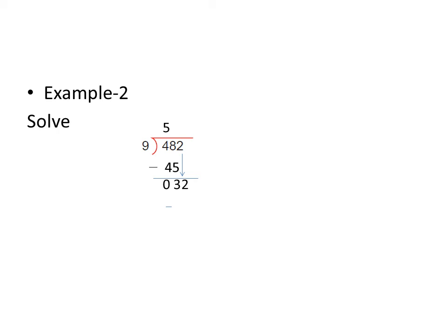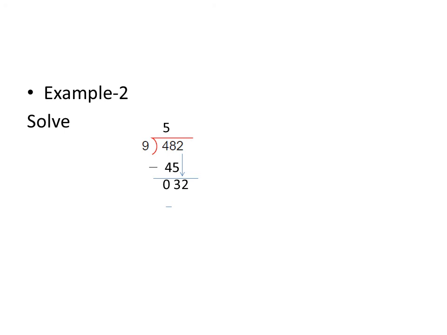Now recite again the table of 9 till you get the number which is just less than 32. 9 ones are 9, 9 twos are 18, 9 threes are 27, 9 fours are 36. 36 is greater than 32.